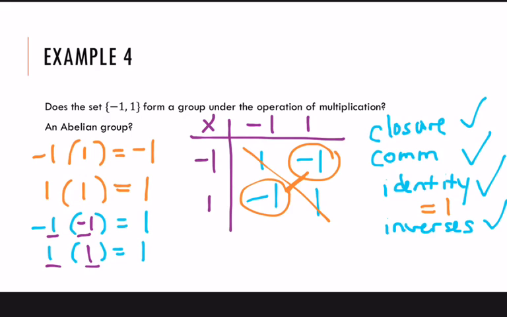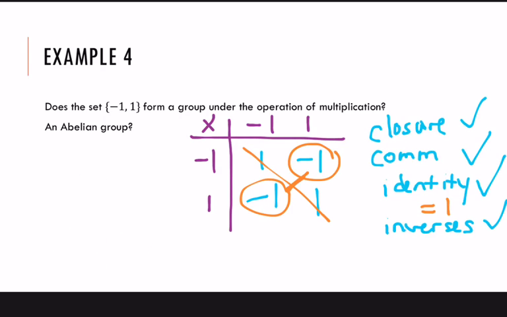And then finally, associative. So let's try it out. -1 times 1 times, we'll pick 1, doesn't really matter. Is that the same as -1 times 1, and that product times 1?